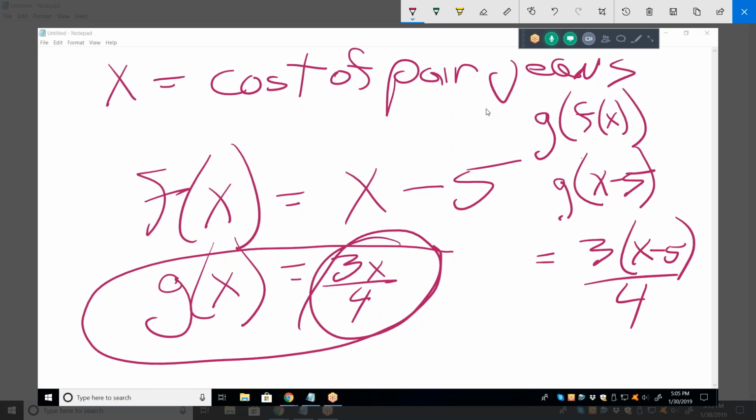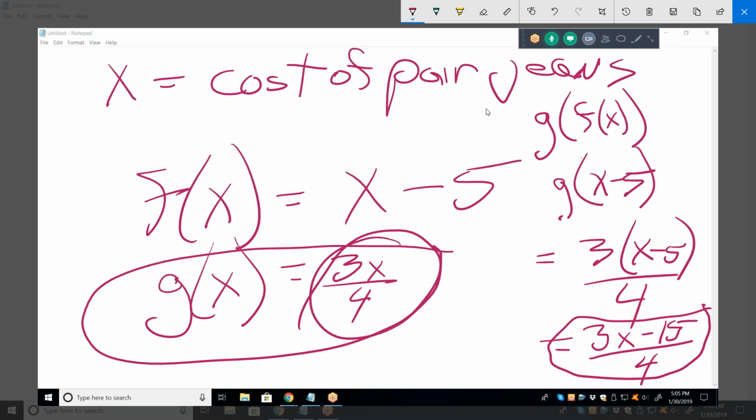And that does simplify to 3x minus 15 all over 4. And that is an acceptable answer. You could also split that into two fractions, so it's 3x over 4 minus 15 over 4. Either answer is correct.